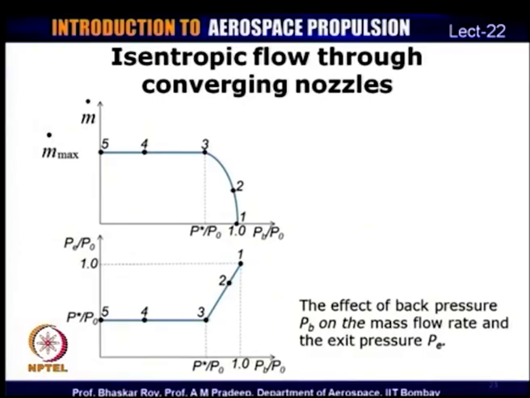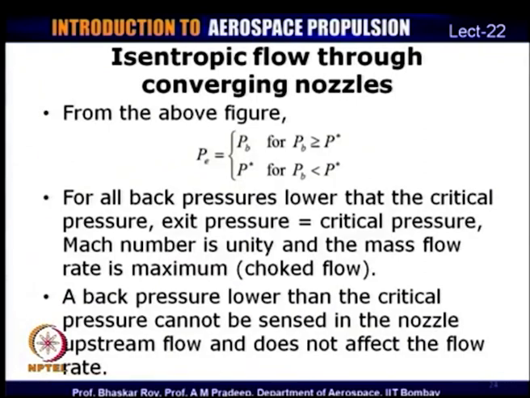So, this is how the variation of flow would be through a converging diverging nozzle, and from the above what we basically see is that exit pressure P E will be equal to back pressure for back pressure greater than or equal to the critical pressure, and exit pressure will be equal to critical pressure for P B less than P star.